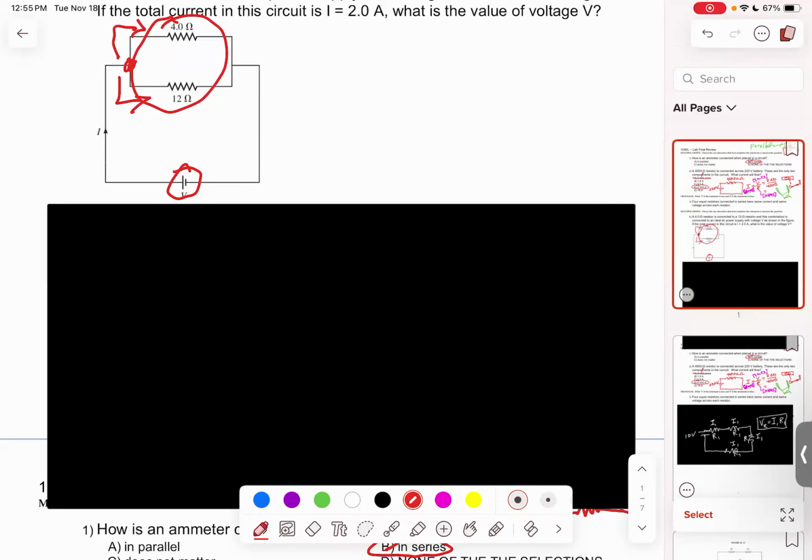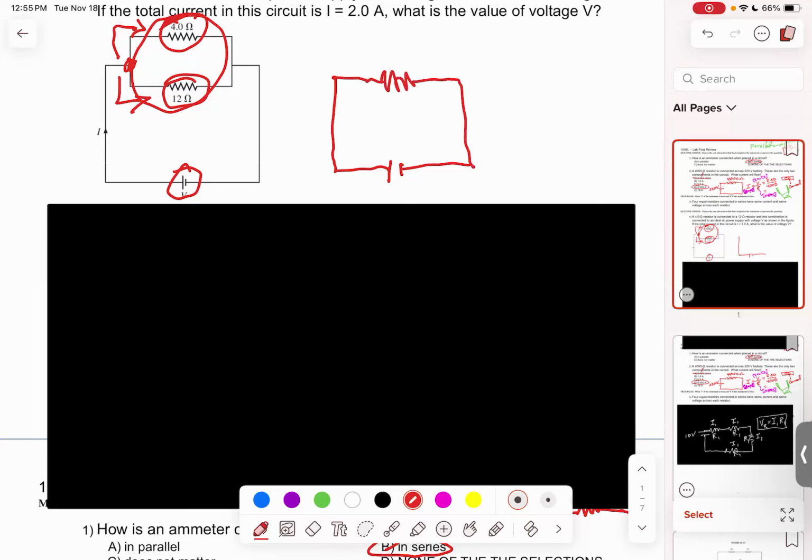In other words, this resistor is grabbing more current than this resistor. So we should know what a set of resistors in parallel look like. We're going to need to condense this down into a single resistor. So let's redraw this, and this is going to be my goal here.